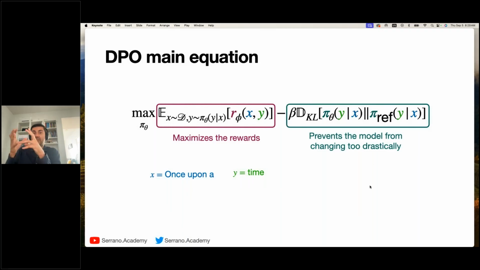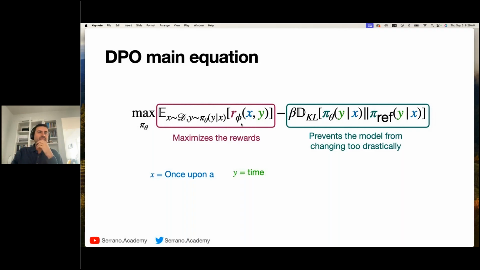So if I was given a reference model and I want to fine tune it, I don't want to change it too much. I want to change it very little. So this part over here, D_KL, is the difference between these two, the KL divergence. And so this part makes sure that my model doesn't change too much from one iteration to another.